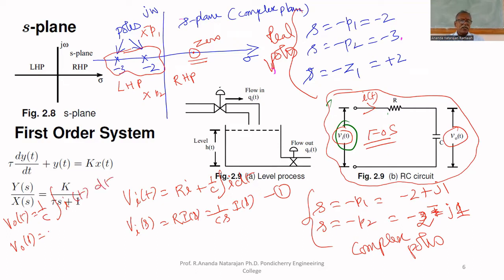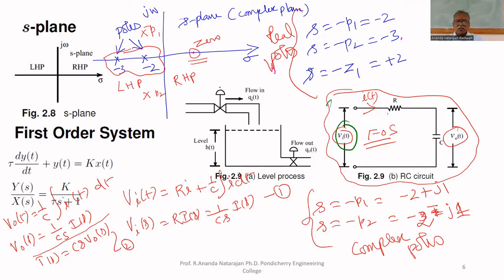Taking the Laplace transform, V naught of S equals 1 by CS I of S. From this you can find I of S equal to CS V naught of S. Let this be the second equation. Substitute the value of I of S from the second equation into the first equation.